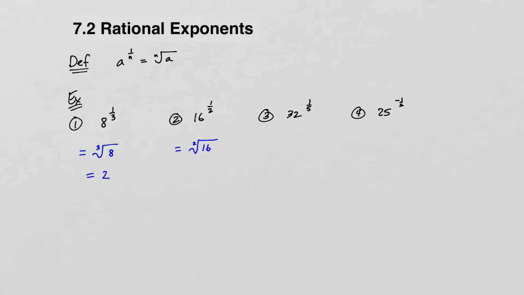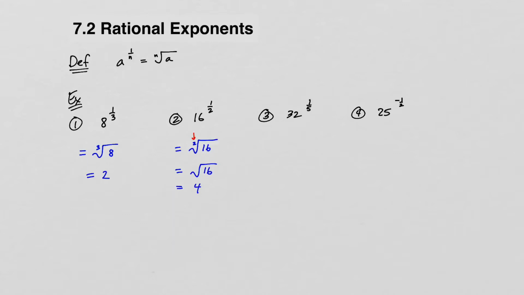Of course, we don't have to write the 2 here because for a square root, it is understood when you leave it blank. And the square root of 16 is 4. So if you know your radicals, rational exponents is just another language in mathematics that we can use to describe those.